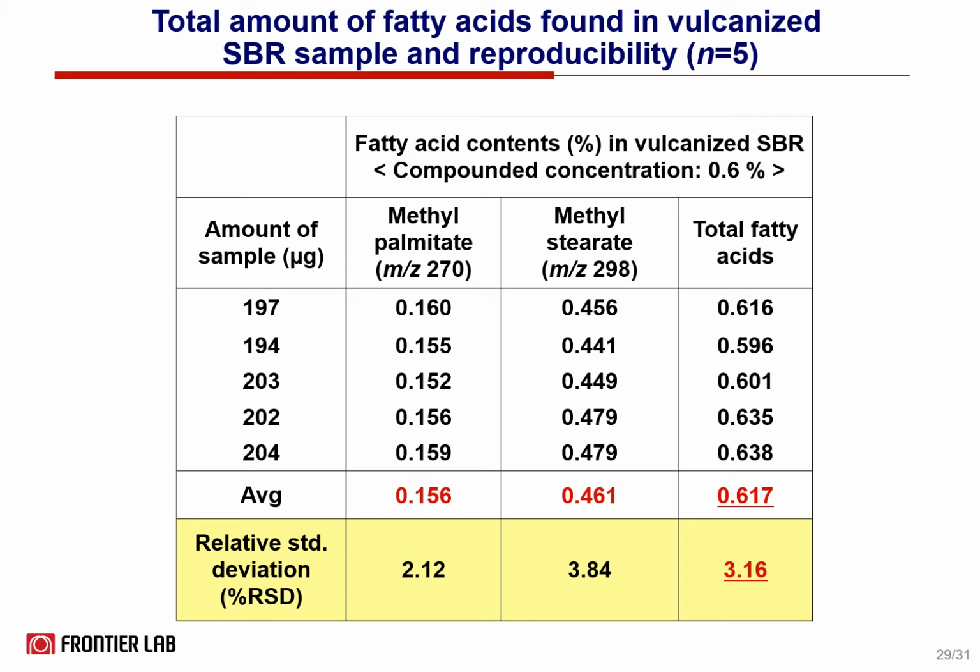The quantification results and reproducibility of free fatty acid in the vulcanized SBR samples are shown in the table. The sum of the area value of the methyl palmitate peak obtained from the mass chromatogram at m/z 270 and methyl stearate peak obtained from the mass chromatogram at m/z 298 was used to determine the quantitative value of the total fatty acids.